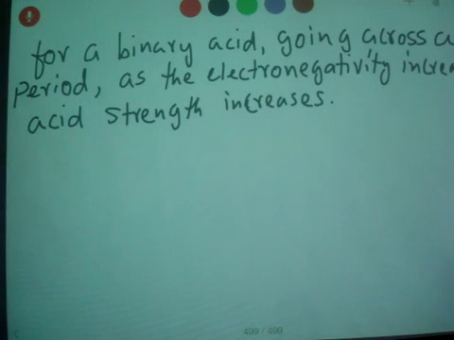So with that rule you can say which one is stronger.